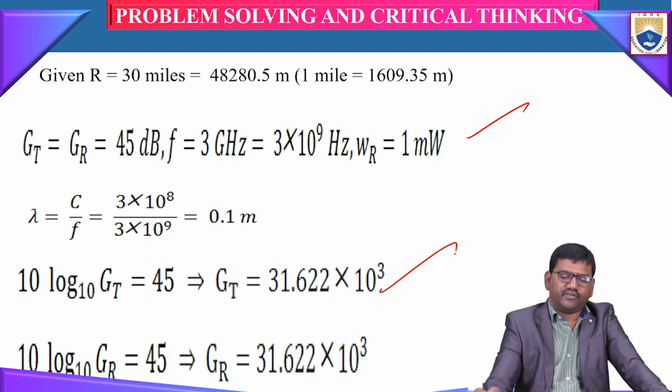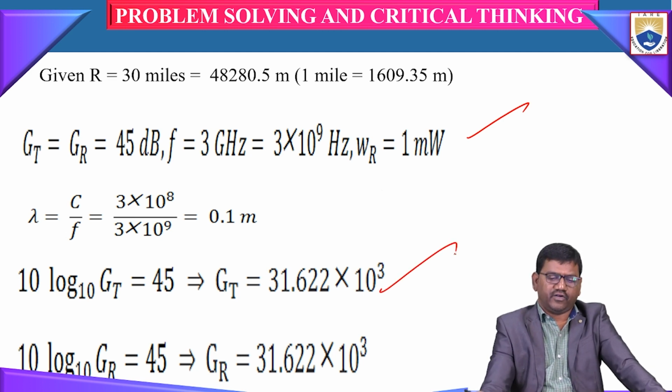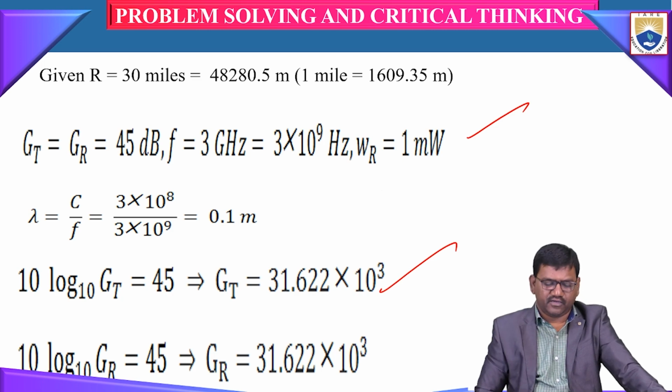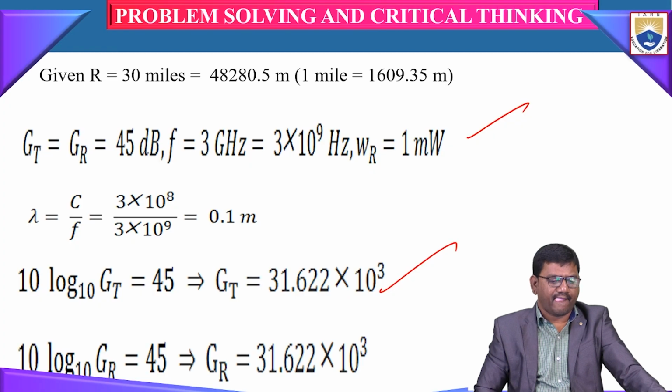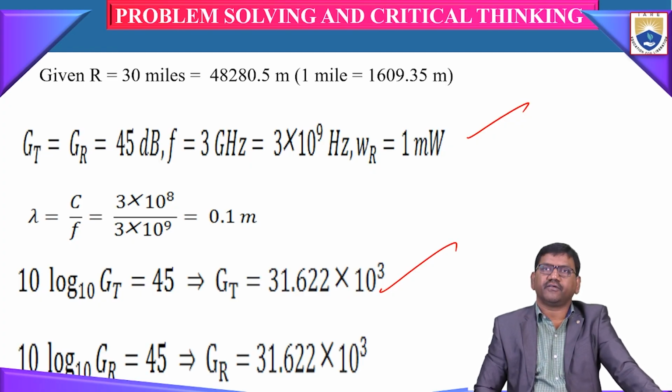We need to convert the 45 dB into a decimal value, 10 log 45. We'll get 31.6 into 10 power 3. And substitute all these values in the formula. So you will get the value of power here.